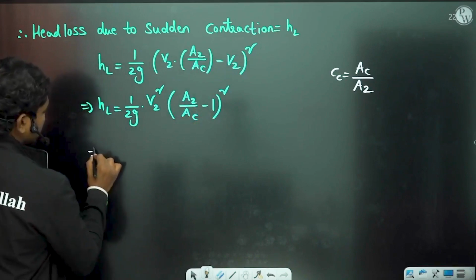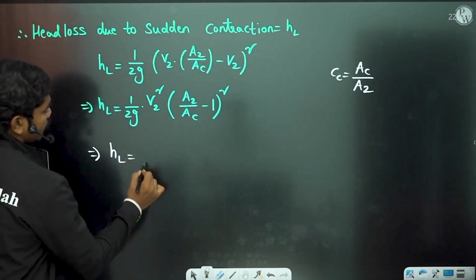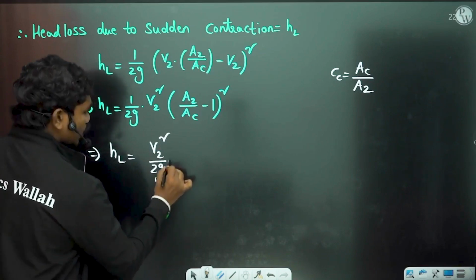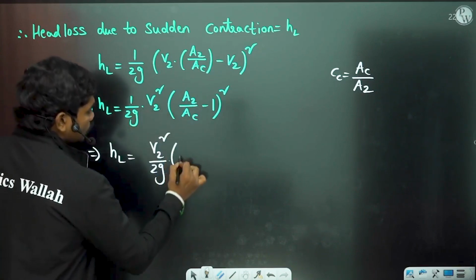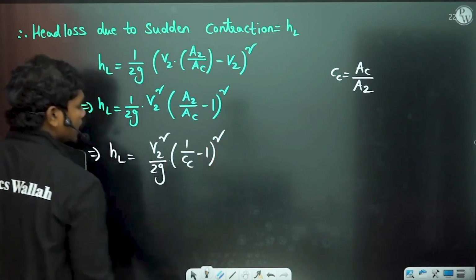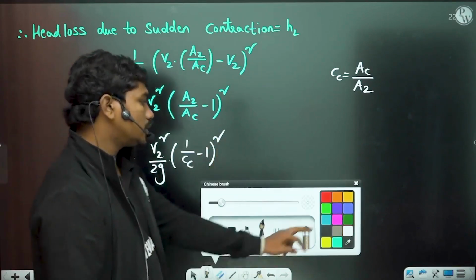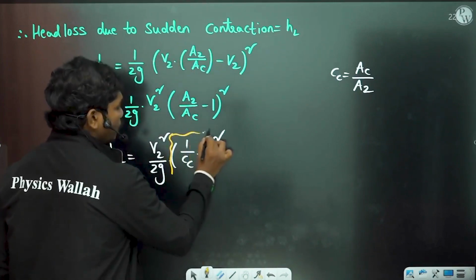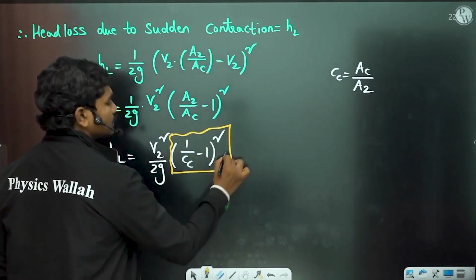So this implies HL is given by V2 square by 2G, which means the velocity of the fluid in the pipe, into (1 by CC minus 1) whole square. And normally for general values, this (1 by CC minus 1) whole square value will take a constant of 0.5.